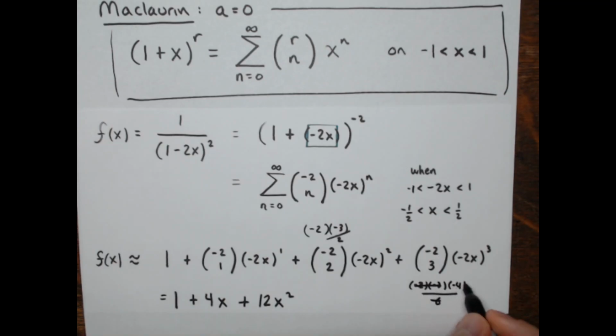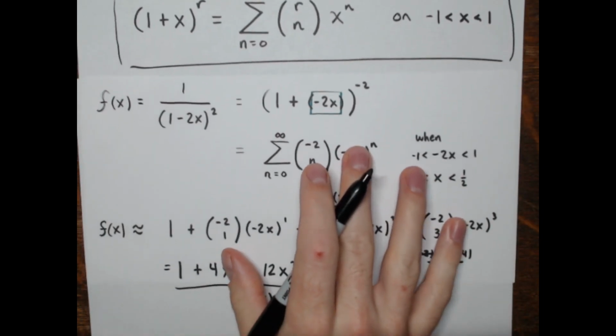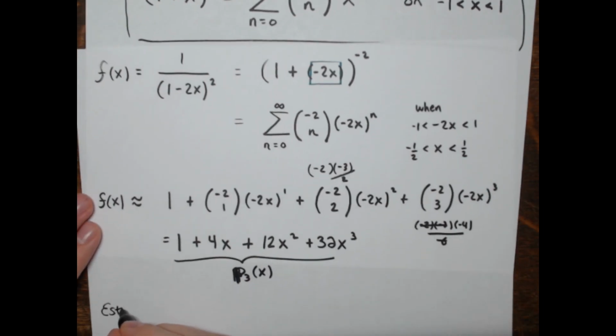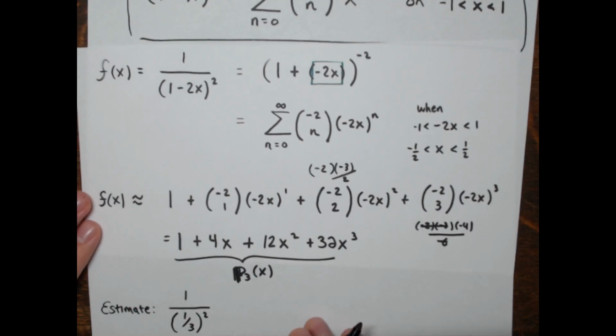So that's just negative 4. And the negative 2 cubed is negative 8. So positive 32x cubed, right? So here's P3, the third degree polynomial that approximates our function. And we're asked to estimate 1 divided by 1/3 squared.